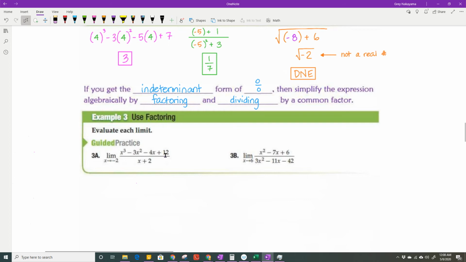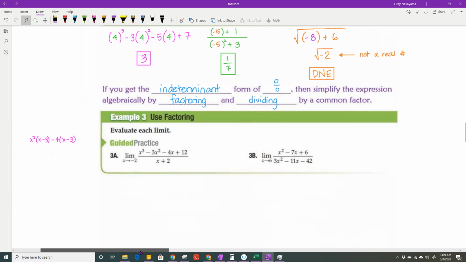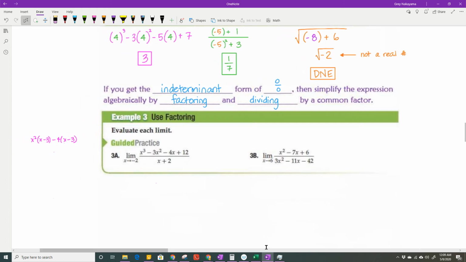So at first I came over here and I factored it. Factor by grouping means I grouped the first two together, took out a common factor of x squared, grouped the last two terms together, took out a common factor of -4. And then it becomes that because I have a common factor of x minus 3.